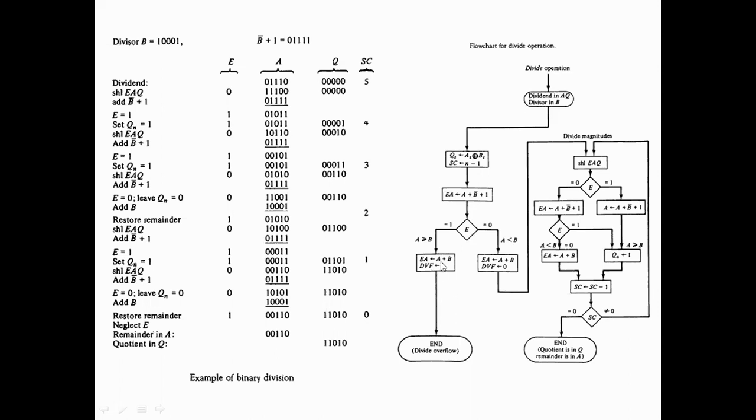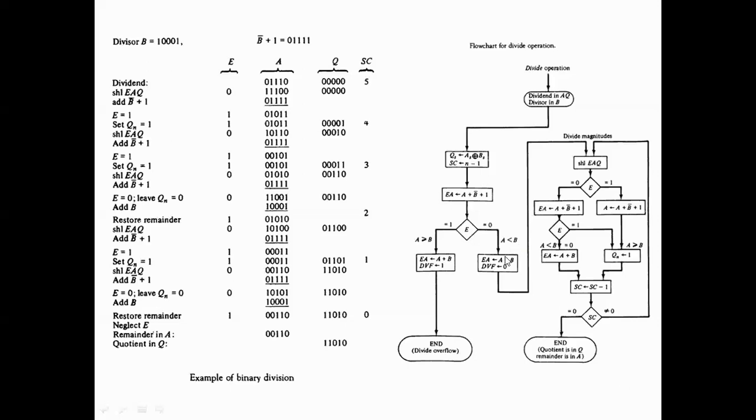We just convert back the number and set the flip-flop DVF to 1, which means that there is a divide overflow. This is the divide overflow flip-flop. And if this is 0, that means A is less than B, we can perform this division.